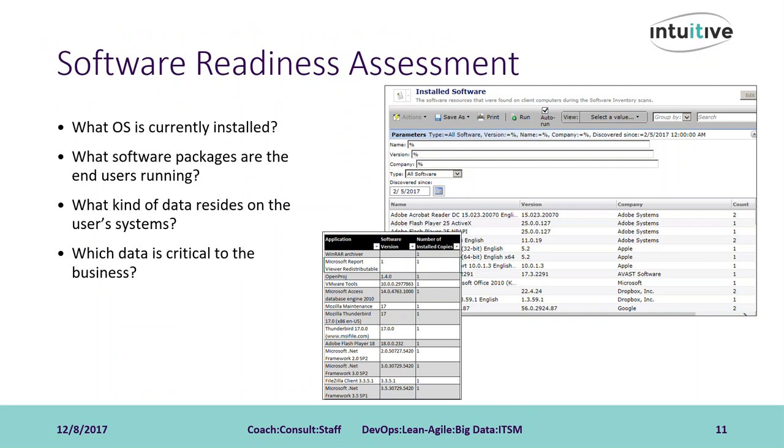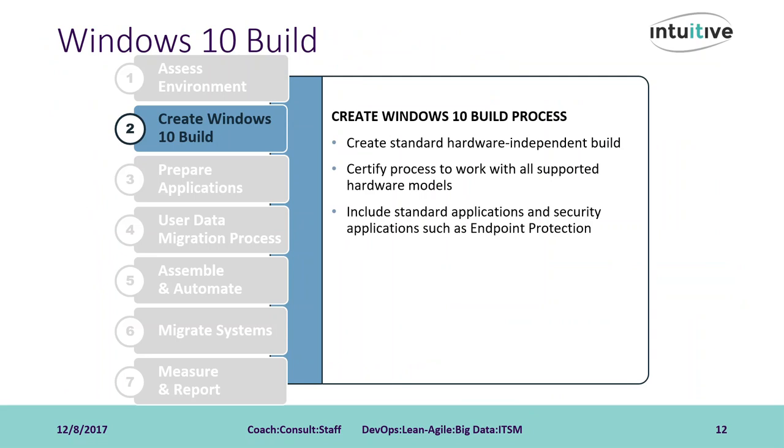Again, for the software assessment we primarily rely on reports generated in the management console as our primary data source for installed software in the environment. This can be coupled with application metering to build some intelligence into the report and tell us when the application was last used, along with whether it's installed.